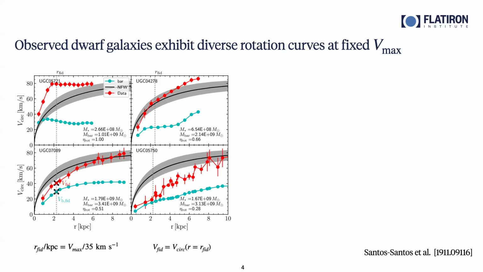So for a fixed mass, which these systems are roughly the same fixed halo mass, or Vmax, you can see that NFW or CDM produces identical rotation curves. So that's this black line with this gray shaded region, which corresponds to the scatter in the mass concentration relationship.